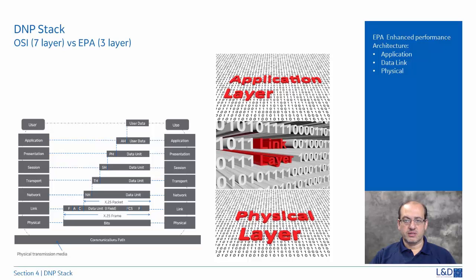But at the end of the day, the adopted layers by the DNP protocol were the EPA layers, right? And that's the application, the data link layer, and the physical layer.